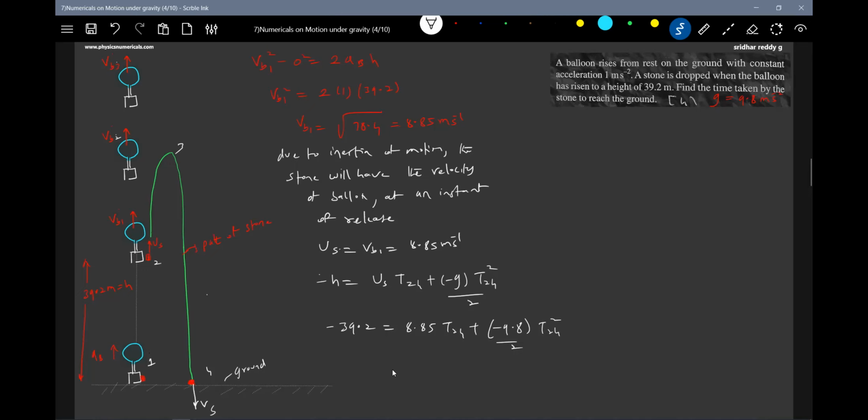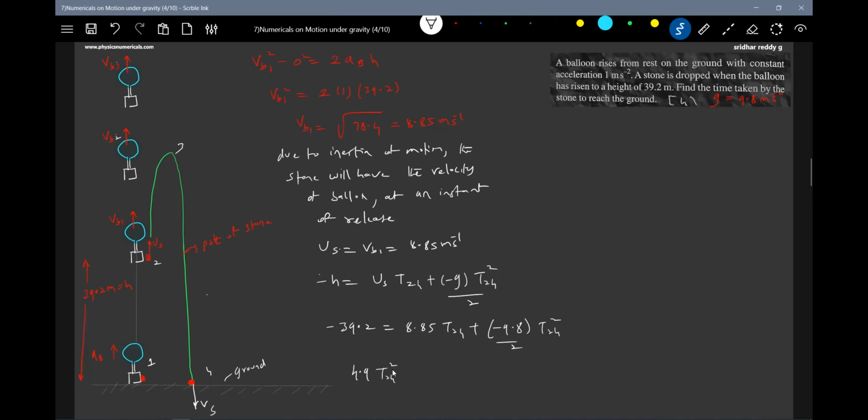I think it is a very big calculation, but we have to solve it. I'll try my level best. So half of 9.8 will be 4.9.